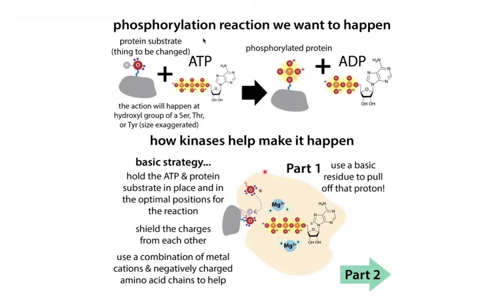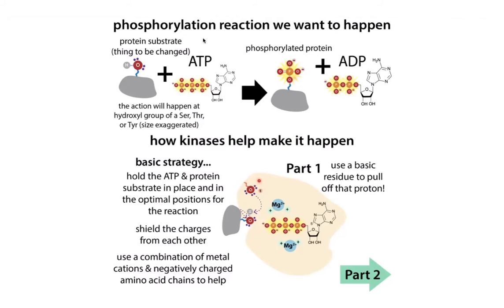In this case, it's the protein itself that's going to have to act as a nucleophile and attack the ATP. The job of the enzyme is to make it easier for that hydroxyl group on that serine or threonine or tyrosine to actually go and attack the ATP. What we're going to see is that in the active site of that enzyme, we're going to have a hydroxylate.